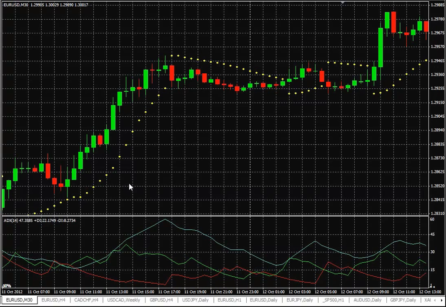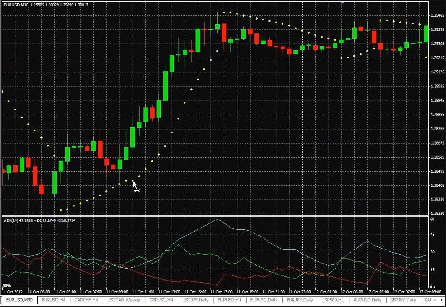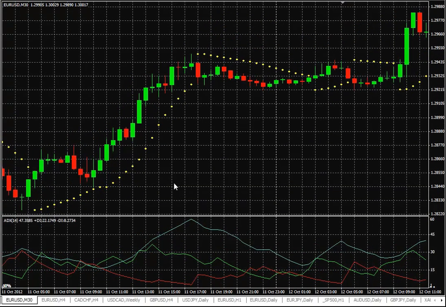What is also the role of PSAR for me on my trades? And I believe that it should be yours as well. As you see, rarely PSAR touches the candlesticks.